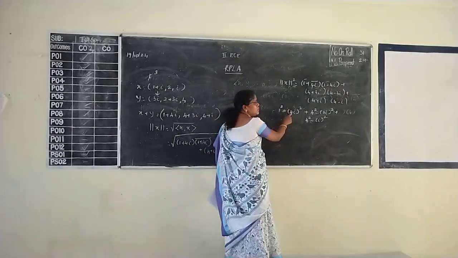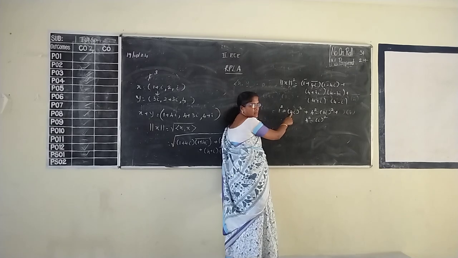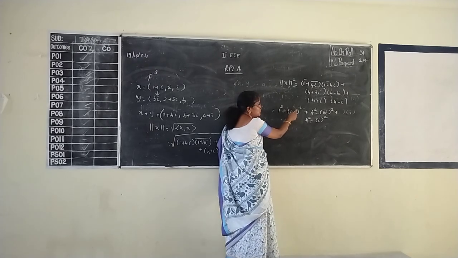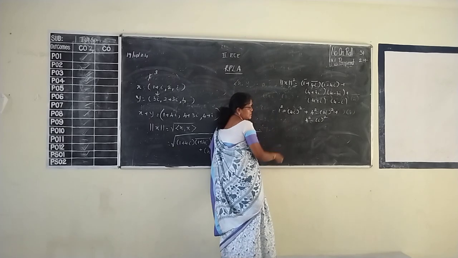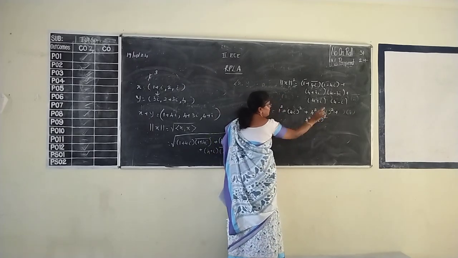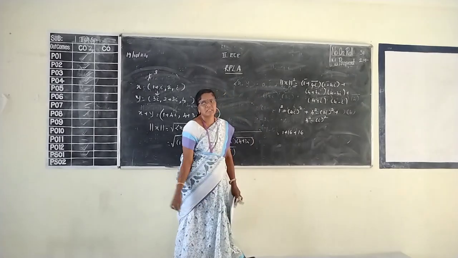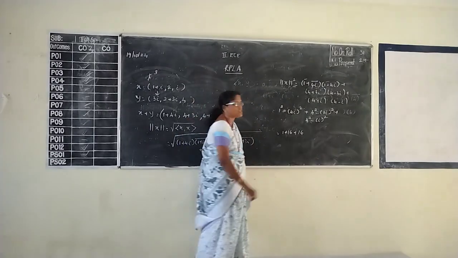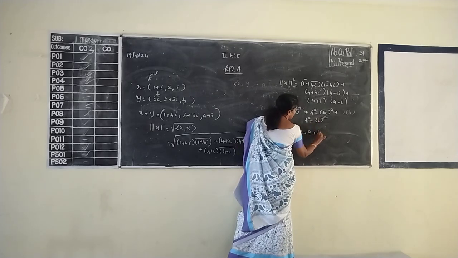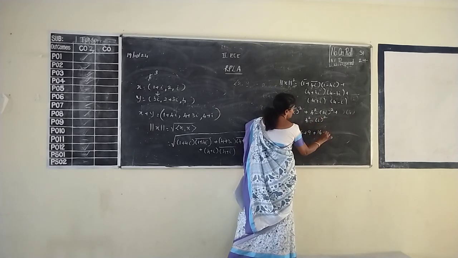Now tell me what happened to this 4i square? 16 i square. What is i square? Minus 1. So minus into minus becomes plus. So 1 plus 16. What happened to this one? Plus 9, because again i square is minus 1, so that becomes plus 9. Plus the next term, 4 square is again 16, i square is minus 1, so plus 1.